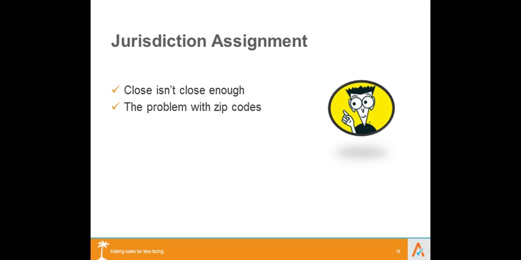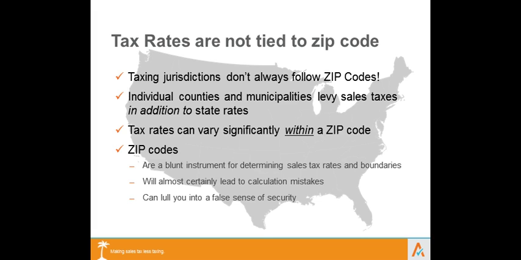So if you've understood Nexus and you've applied it to your business and you understand where you're registered to collect and what you need to collect, one of the challenges that companies need to understand is, how do you make jurisdictional assignments? One of the challenges is that companies have used zip code methods historically, and the challenge there simply is that zip codes don't line up necessarily with taxing jurisdictions.